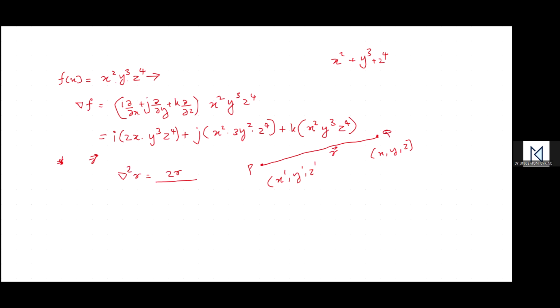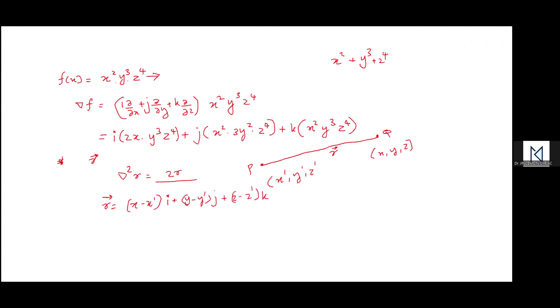Then in vector form, vector R is equal to... if x1, y1, z1 and x2, y2, z2, we already know the distance is x2 minus x1 into i plus y2 minus y1... similarly we can write it as x minus x prime into i plus y minus y prime into j plus z minus z prime into k.